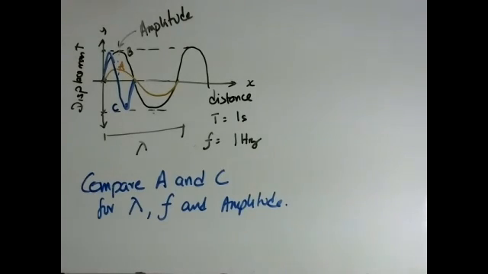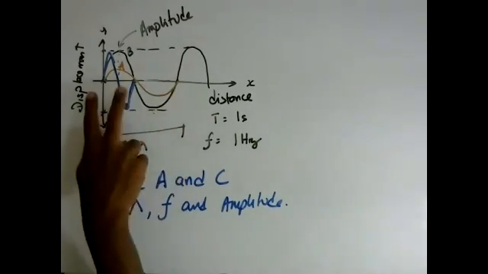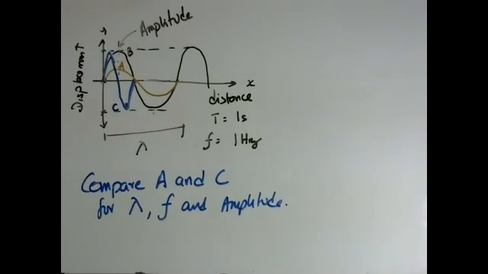The wavelength of C is half of A. The wavelength is seemingly half, that is, if we assume that these two distances are the same. Which one has the lower wavelength incidentally? C. And therefore, what about the frequency? The frequency is therefore double of A.